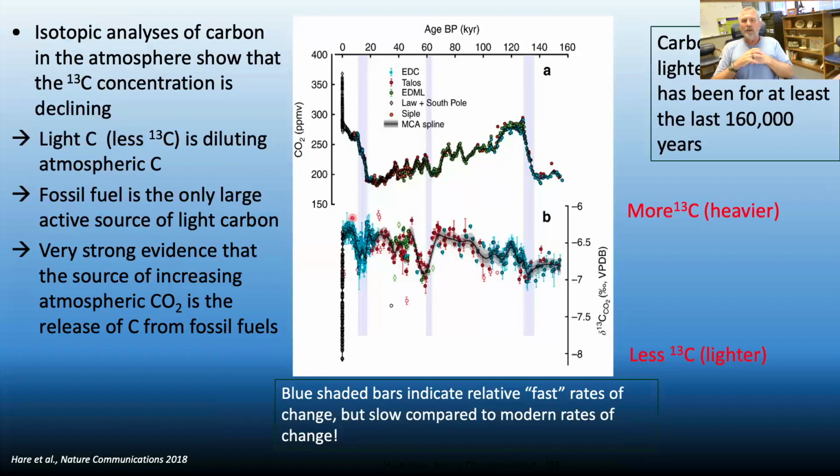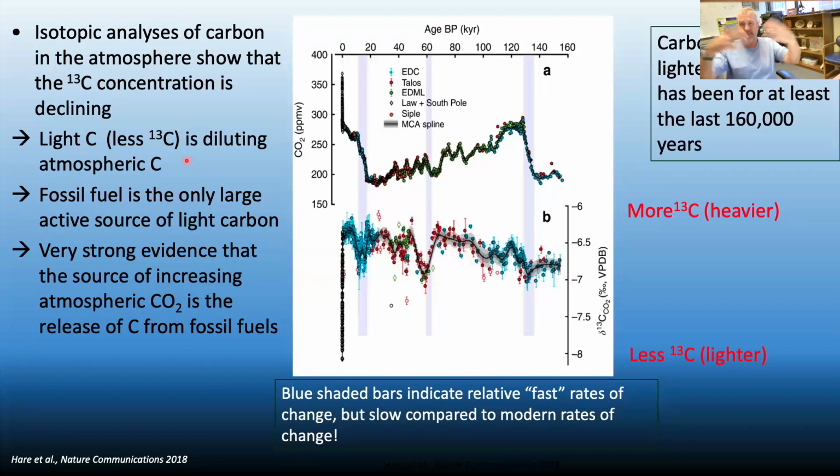We see this in these isotopic analyses, where it shows that the carbon 13 concentration is declining. This is from a 2018 study, and that's diluting the carbon 13 in the atmosphere. This is very strong evidence that the source of increasing atmospheric CO2 is from the release of fossil fuels, which is the only active source of light carbon in the atmosphere.